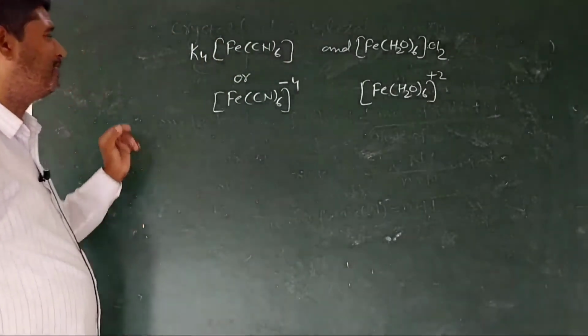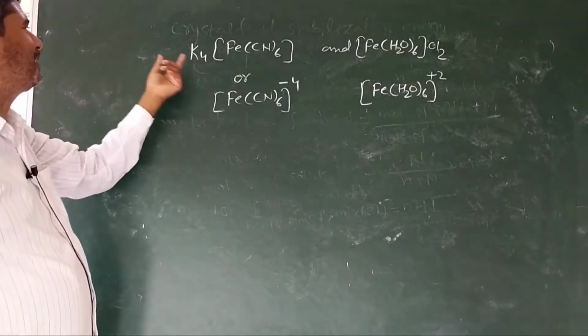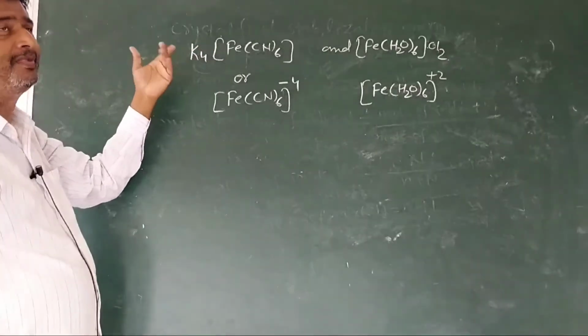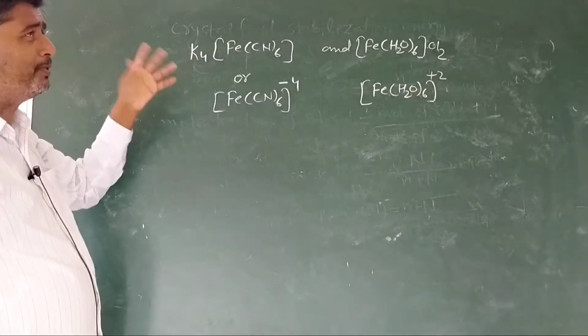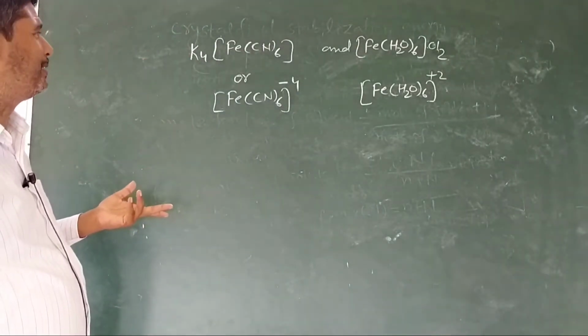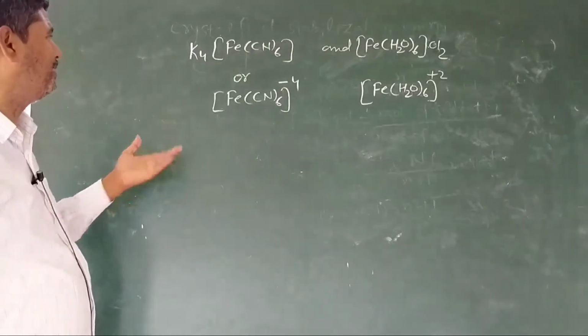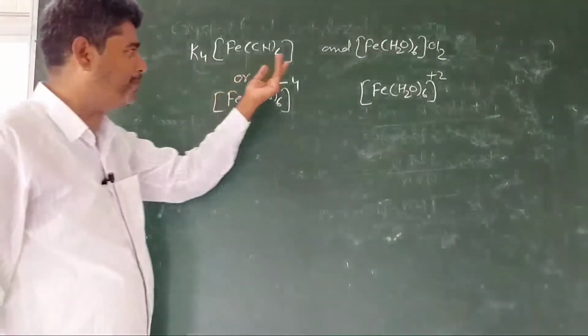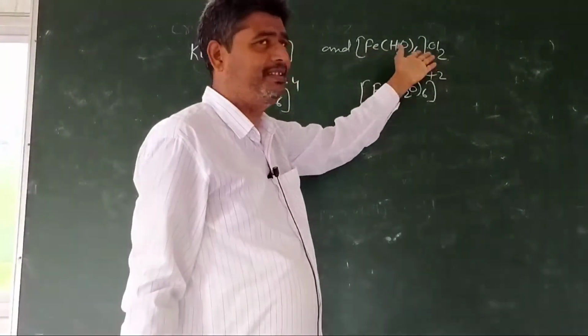Species that are present outside of the coordination sphere are bound by an ionic bond. The ionization is possible in an ionic bond, whether the species is present before the coordination sphere like this or after it like this.